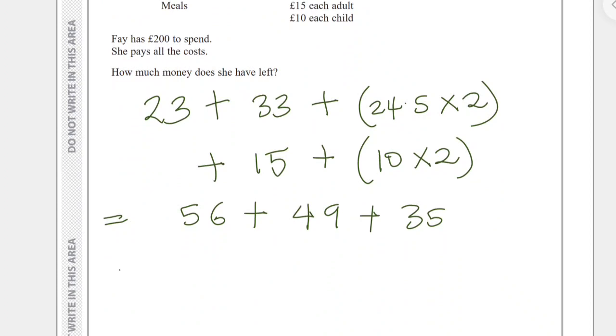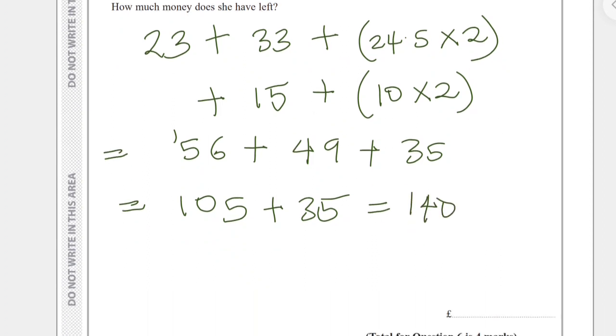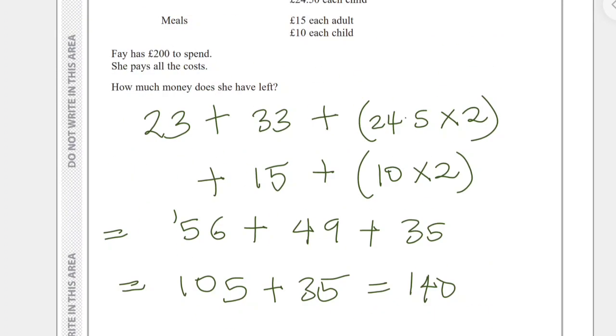Then all of that we add up: 56 plus 49 is 105, plus 35, so that equals 140. So 200 minus 140 is equal to 60. So the answer is £60 that she is going to get back.